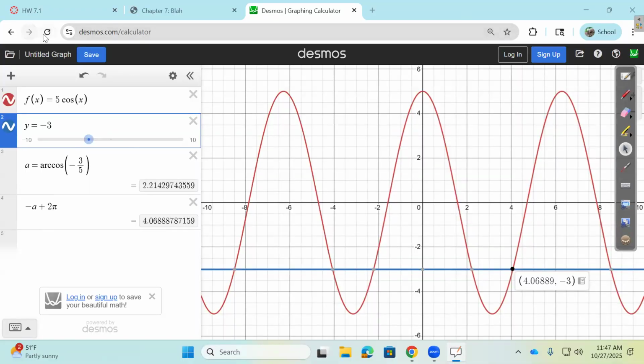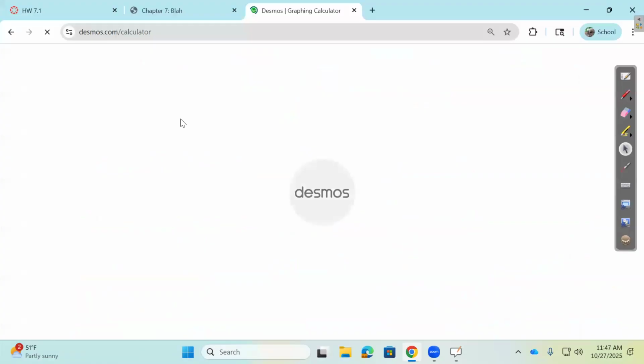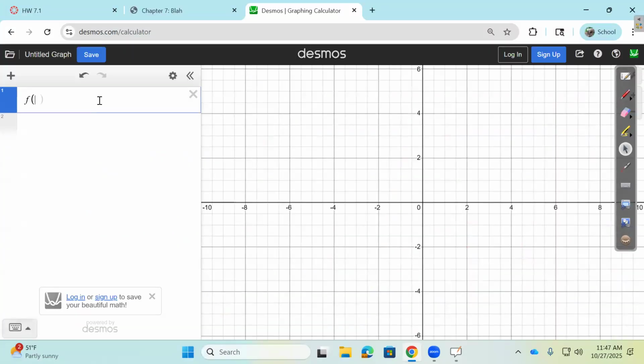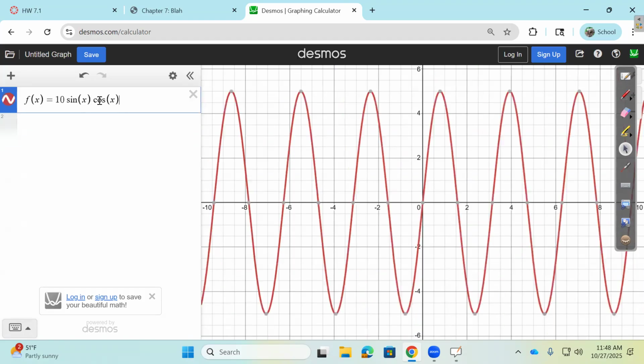Clear this one out. All right, so I'm going to do f of x was the left side, so that was equal to 10 times the sine of x cosine of x, and then the g of x is just 6 cosine of x.